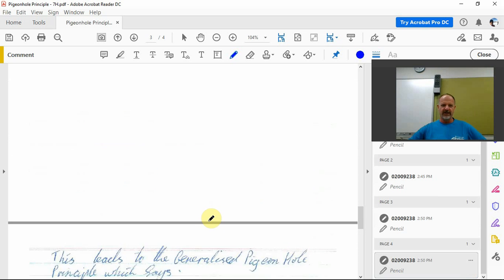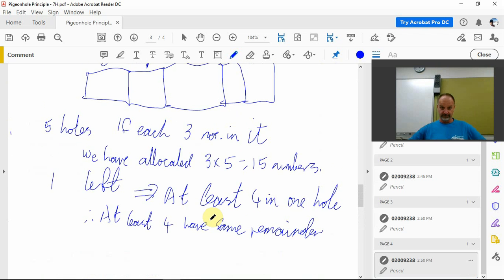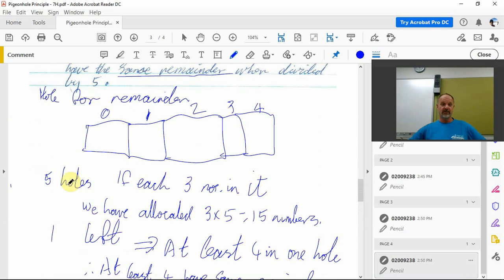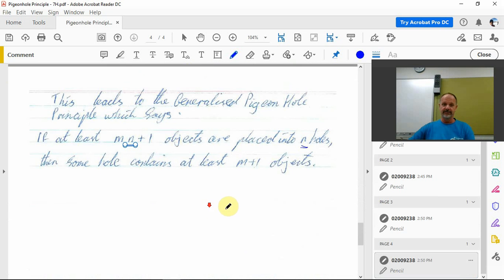So if you look in the example above, the number of holes was n, so n was equal to 5.